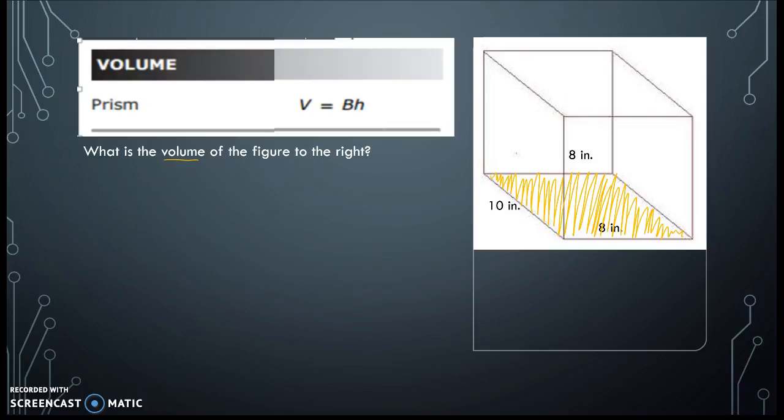So next step again is writing our formula. So volume equals big B times height. So off to the right, we're going to write area of the base. All right, so what shape did we shade in? A rectangle, right? So the area of a rectangle is base times height. Notice it's a little b.